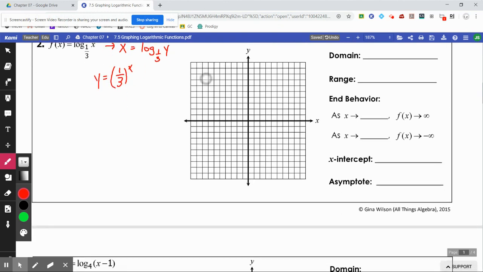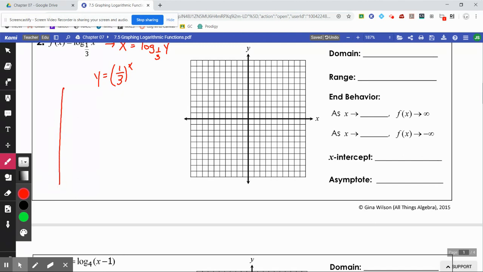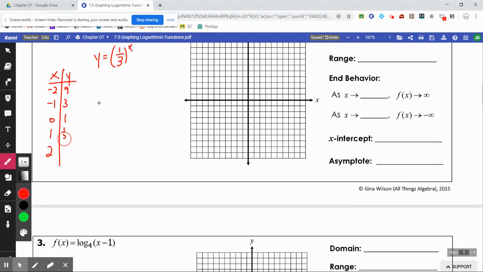And let's again make our t-table for that instead, because it's so much easier. So x and y, we can plug in the same -2, -1, 0, 1, and 2. Any fraction raised to a negative exponent flips the fraction, so that would be 3 to the positive 2, 3 to the positive 1. 1/3 to the 0 is 1, 1/3 to the first is 1/3, and 1/3 to the second is 1/9.